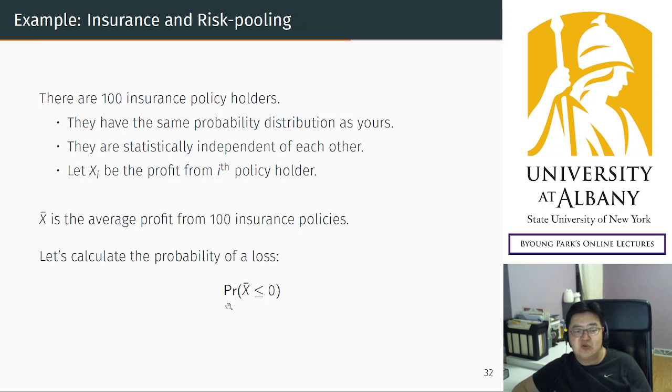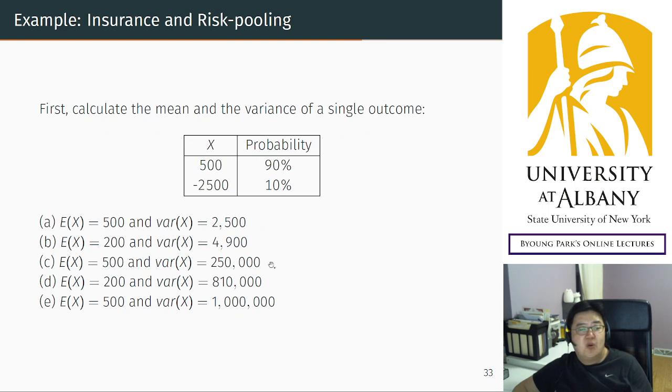Then the company will make a loss. What is that? Let's try to calculate. The first thing to do is to calculate the mean and the variance of a single outcome, which is a single insurance policyholder.